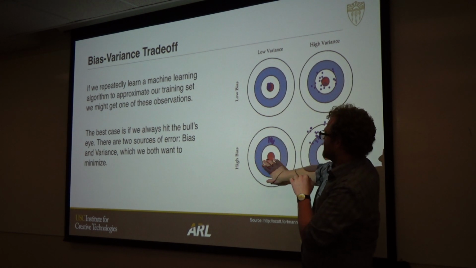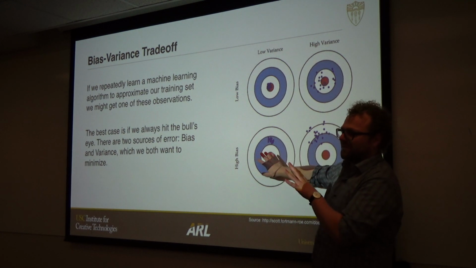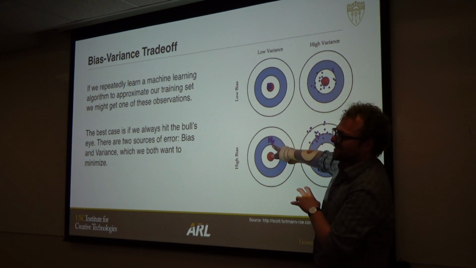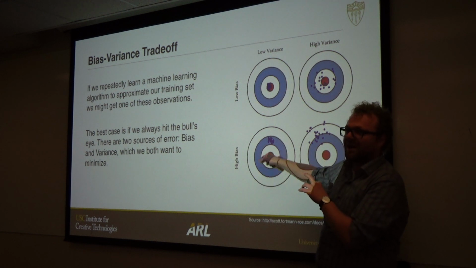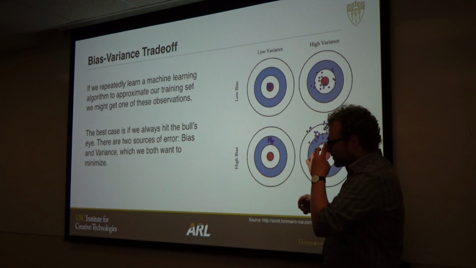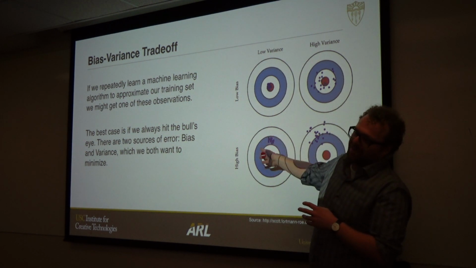Of course, the biased case is one that we can sometimes deal with if we understand that there's a bias, so we could, for example, just subtract it, right? But that's not always the case.